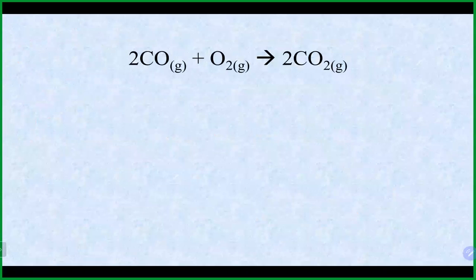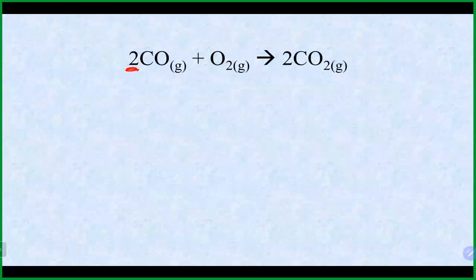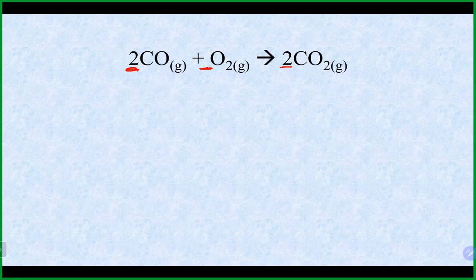All right, so let's take a look at an equation here, and let's talk about how we really get these relationships. As I mentioned, the balanced coefficients, which is why we need to start with a balanced equation, give us those relationships. From this one balanced equation, we could come up with a number of different relationships.